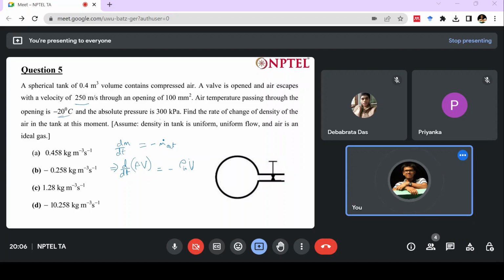Velocity also I am using v, so for volume I will use a cut sign here to distinguish it from my velocity. And the area is given. So volume is constant. So d rho dt is equal to minus rho A v over volume.